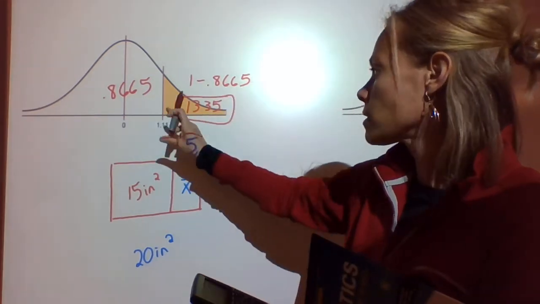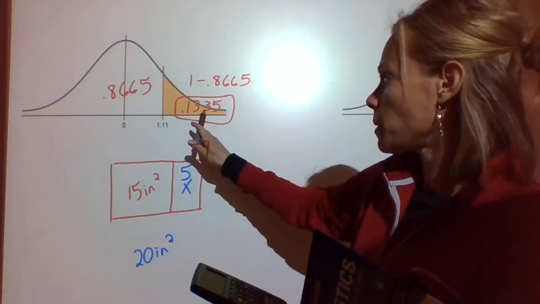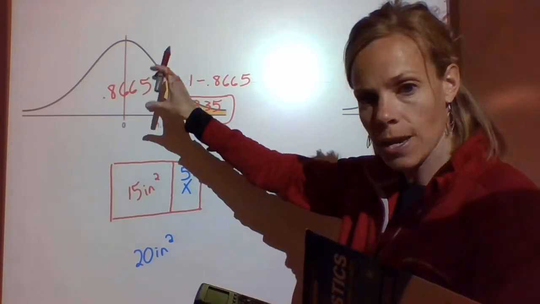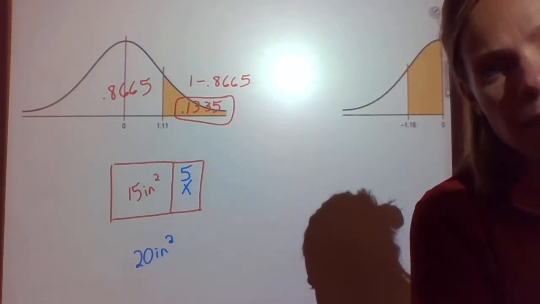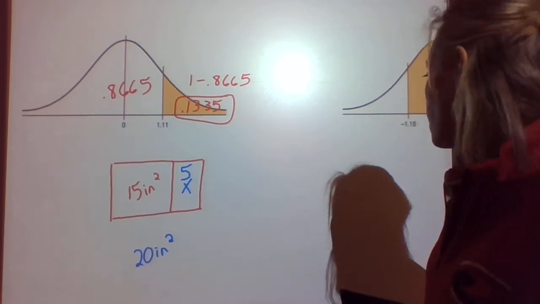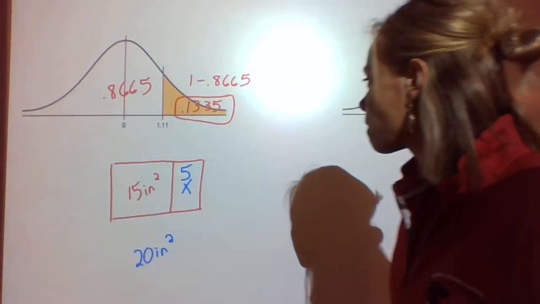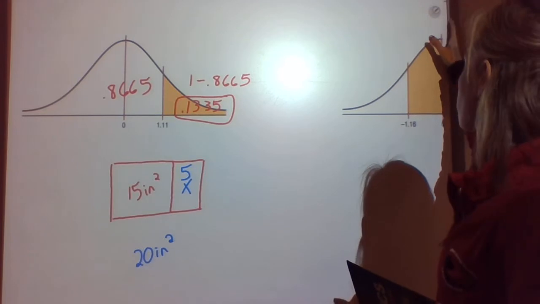And that should make sense. This shaded region should look about 13.3% of the normal curve. Okay, so you can do it by the complement. Let's try another one.